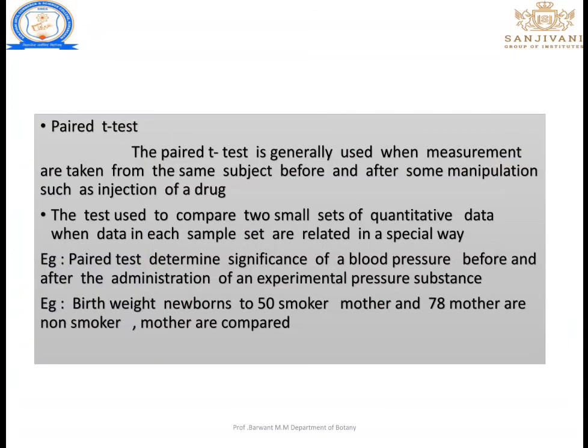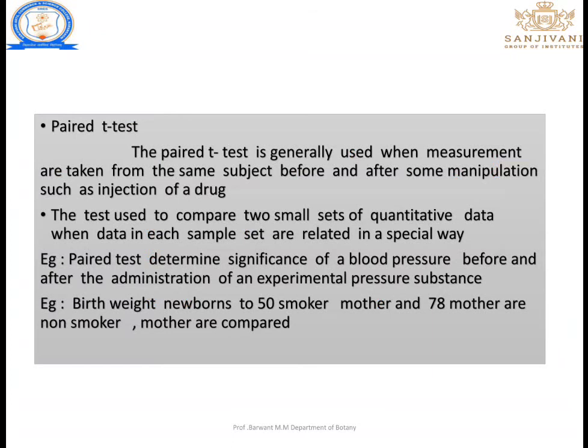The paired test is a dependent test. When doing the measurement, we select only one population, administer a drug or treatment to it, and measure the parameter again, for example blood pressure rate.